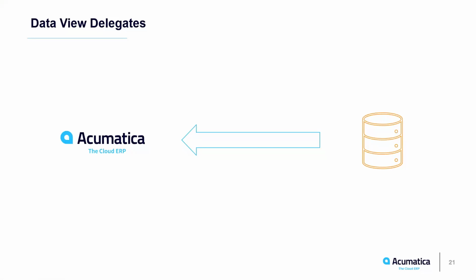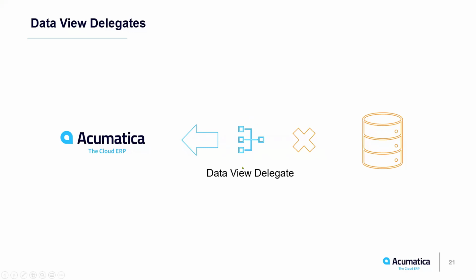Nayan mentioned yesterday that in Acumatica, you can intervene in the process of data selection from the database, and you can have your own data view delegate that executes any code that you want to prepare the data for viewing in the application, right?